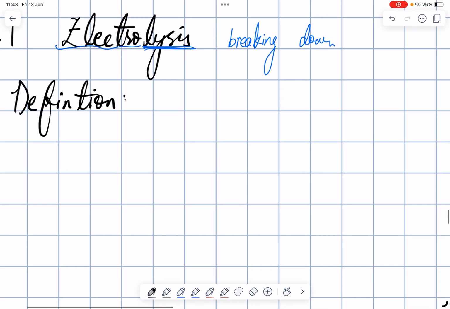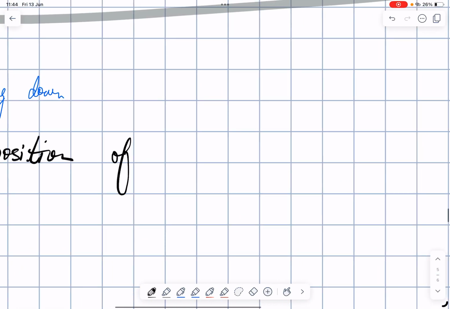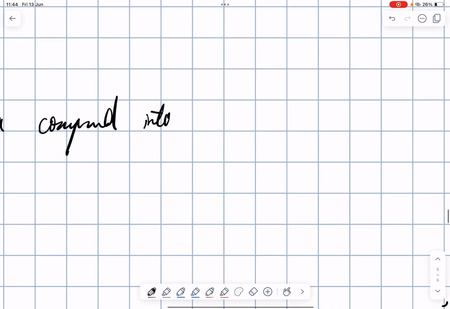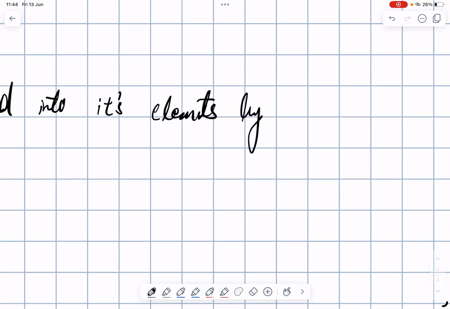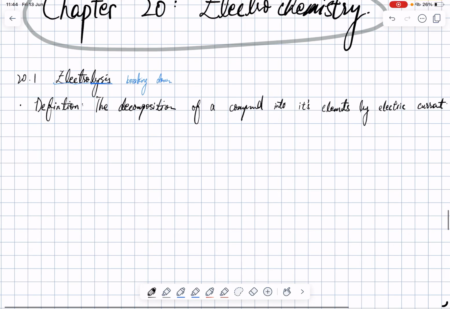So the definition is the decomposition of a compound into its elements by electric current. We will explain further later, so I'll just write it here.